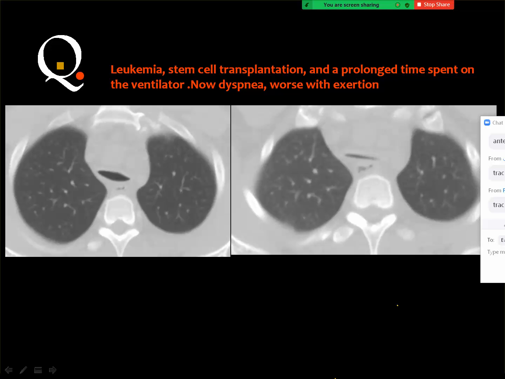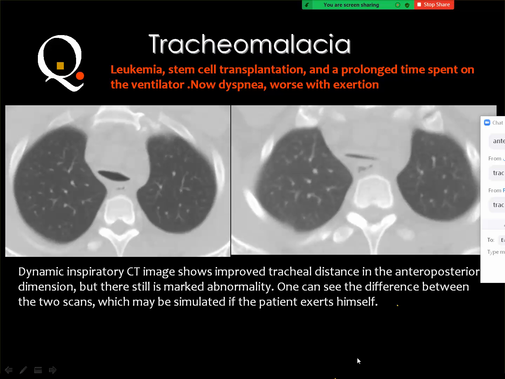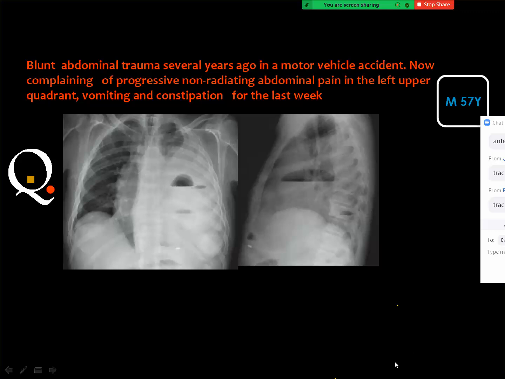In diagnosed tracheal stenosis, it persists very narrow in all the sections; when it changes its caliber, then you think of tracheomalacia. And this patient is 57 years old, and he was subjected to a blunt abdominal trauma several years ago in a motor vehicle accident.